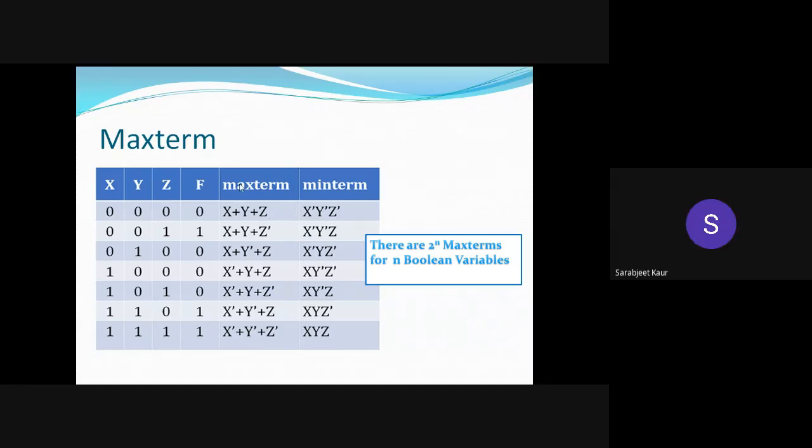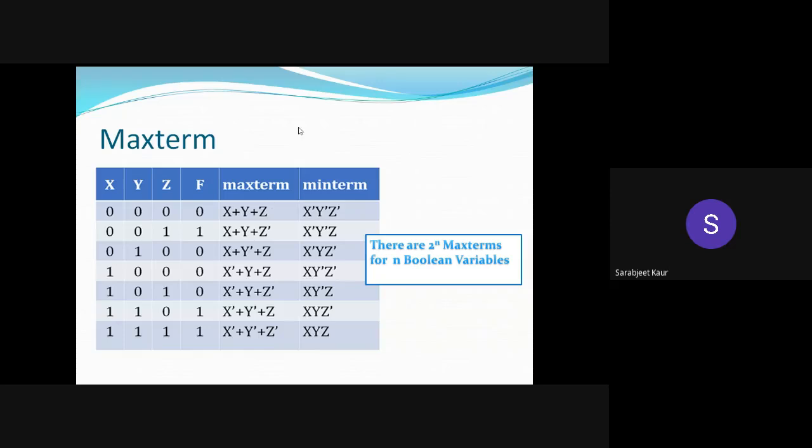Now, the next thing that I want you to focus on is, let us examine closely the corresponding max term and min term combinations. Can you see that this is a dual of this? What is a dual? Complement, I told you.